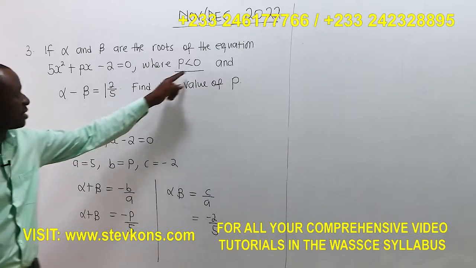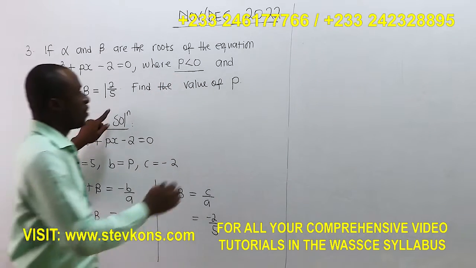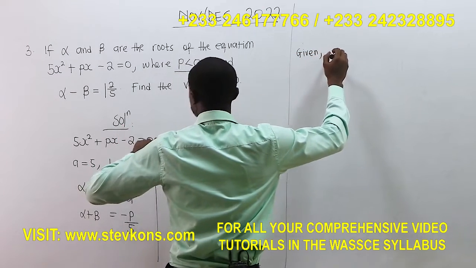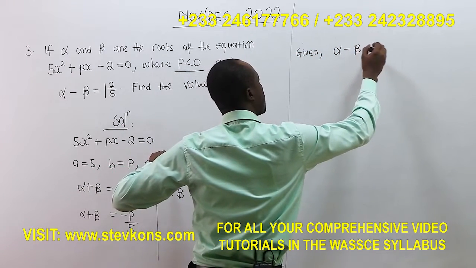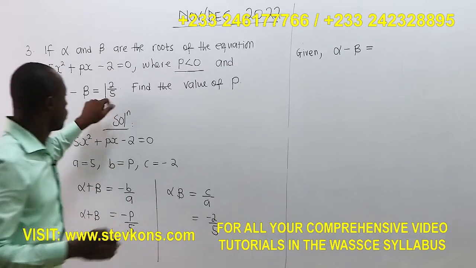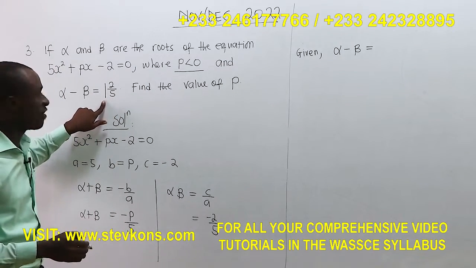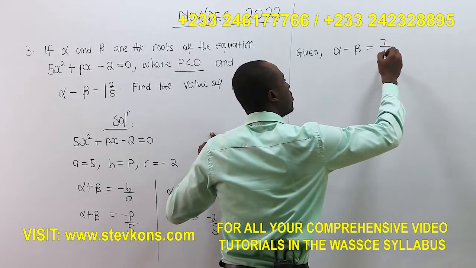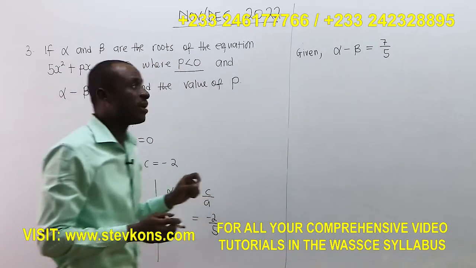Now, we have been told that p is less than 0, and we have also been given alpha minus beta equal to 1 and 2 over 5. 5 times 1 is 5, plus 2 is 7, so we have 7 over 5.